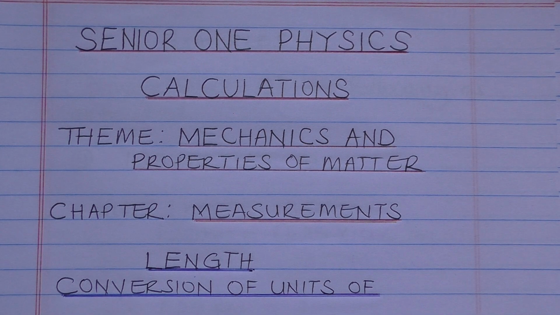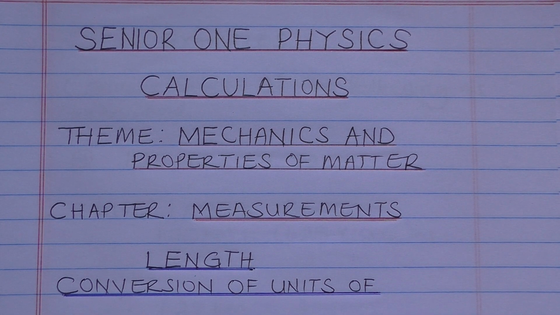Examples: area, volume, density, pressure, momentum, acceleration. We have speed. There are very many. As long as you obtain them using a formula that involves multiplication or division of the fundamental quantities, then it is derived.